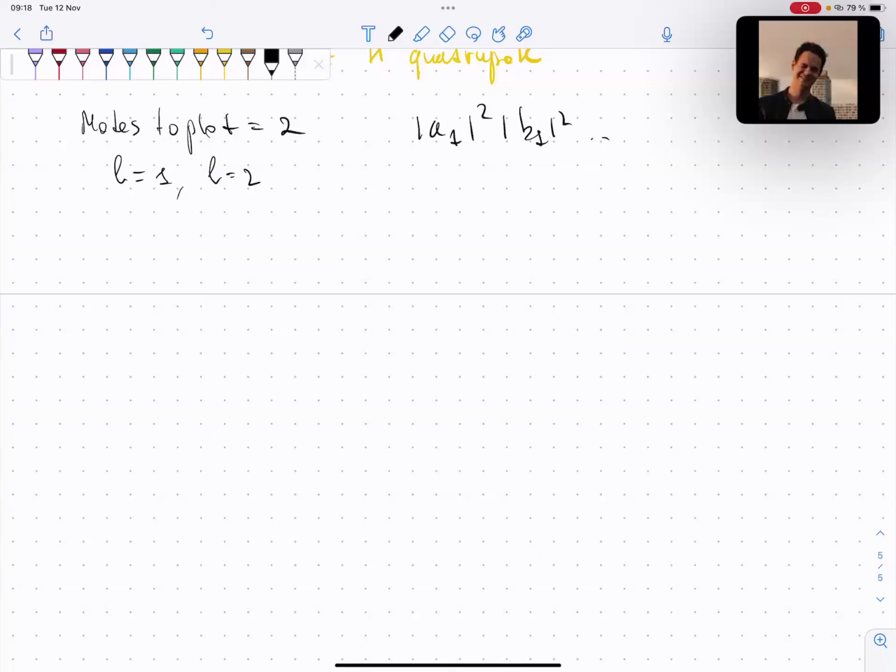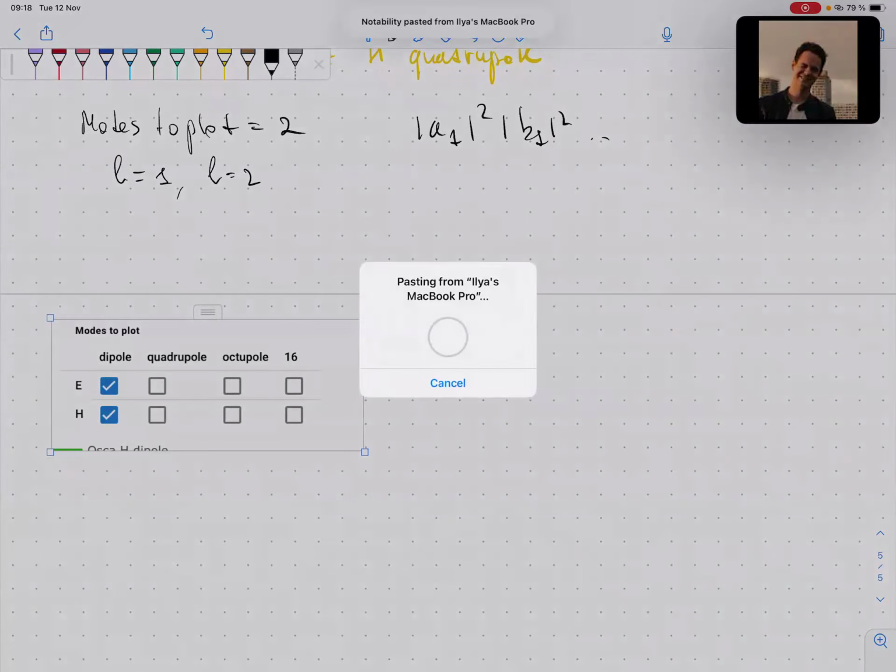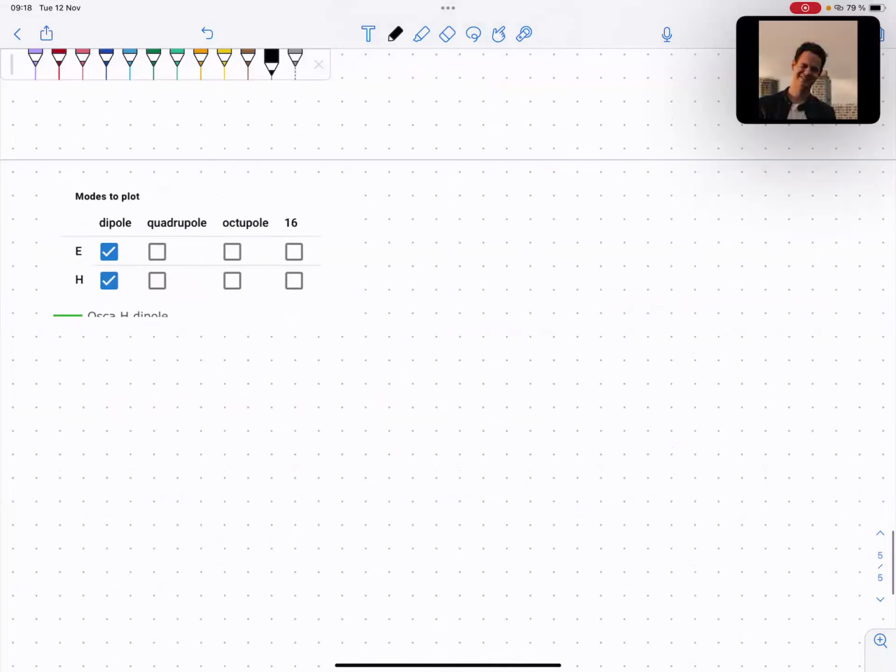Here we have chosen 4 modes to plot, and you see we have dipole, quadrupole, octupole, and hexadecapole. So here we have L equal to 1, L equal to 2, L equal to 3, and L equal to 4.